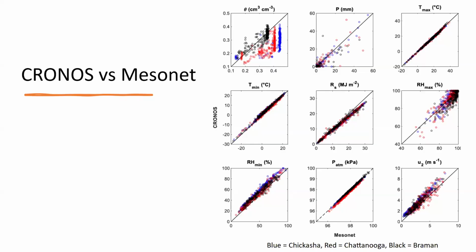I've got time for one more question, and it's going to be Ronnie because he's been waiting. Thank you, really great talk. Have you co-located one of your CRONOS stations with the Oklahoma Mesonet to see if there are any differences between the field sampling and the point measurement that might explain some of the offsets?